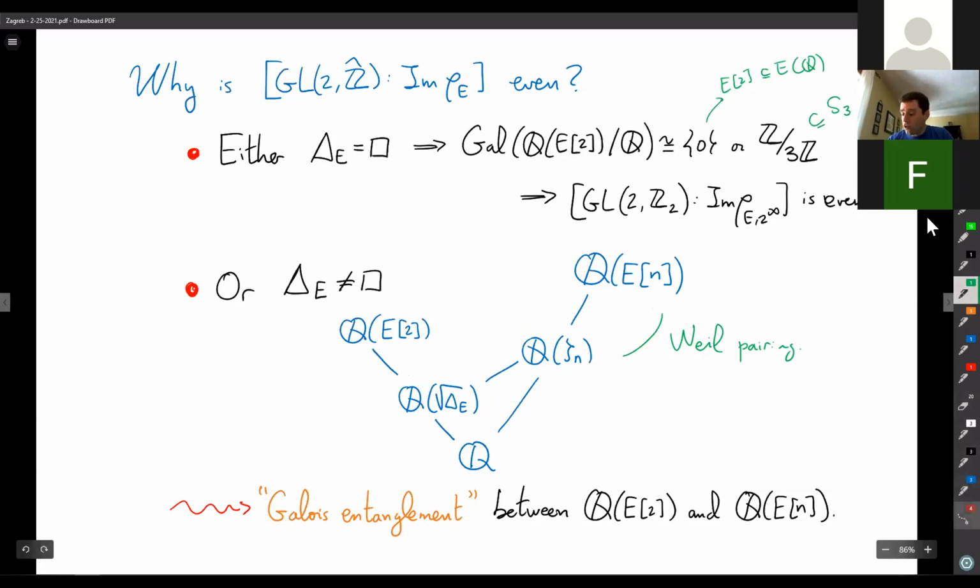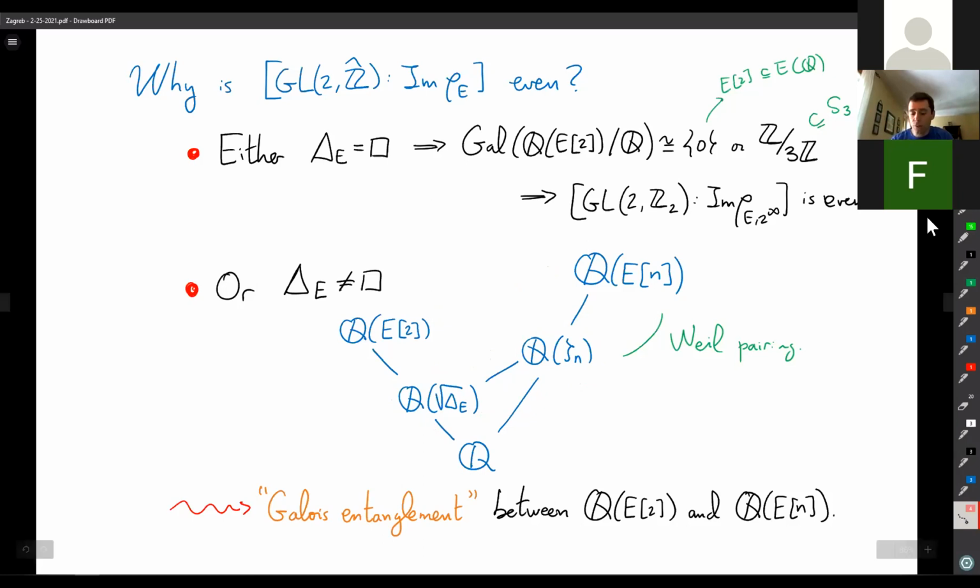And those have no business being in the intersection of the 2-division field. The fact that this is also contained in here makes these not as disjoint as they should be for the image to be of index 1 adelically.